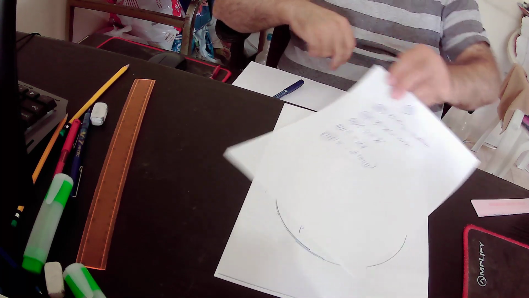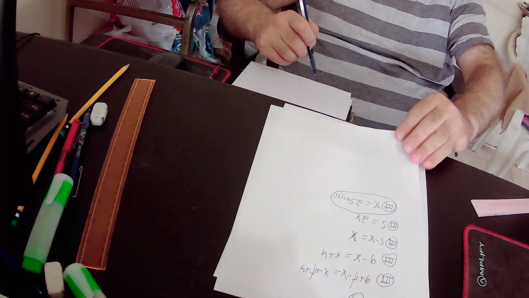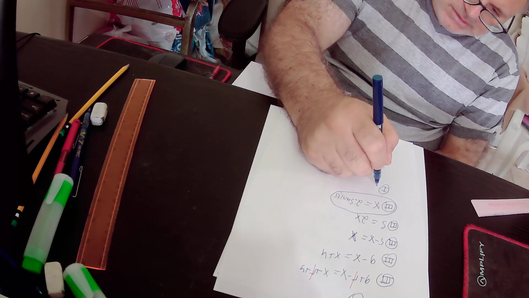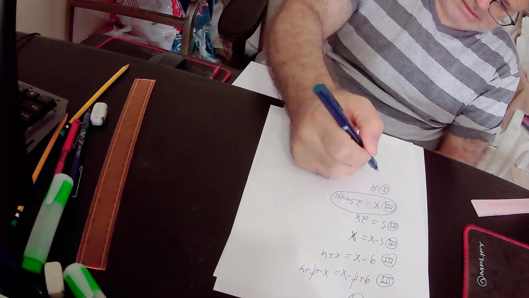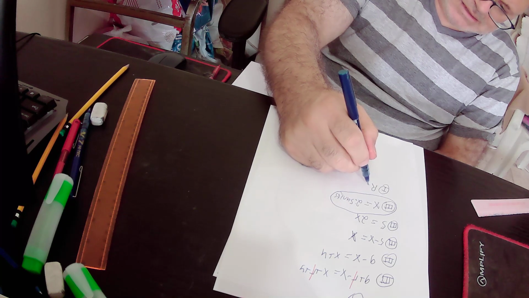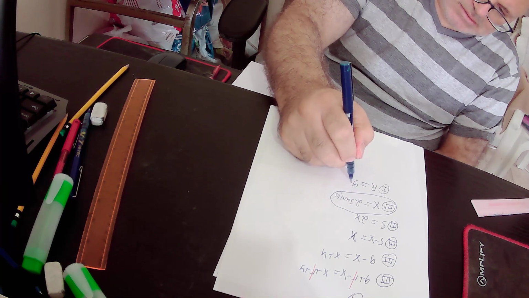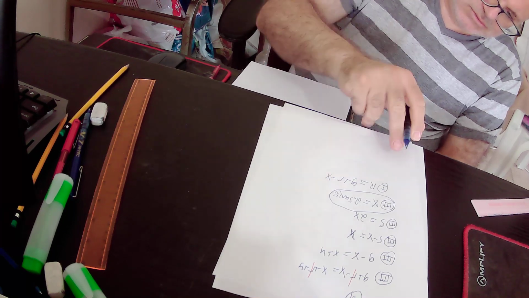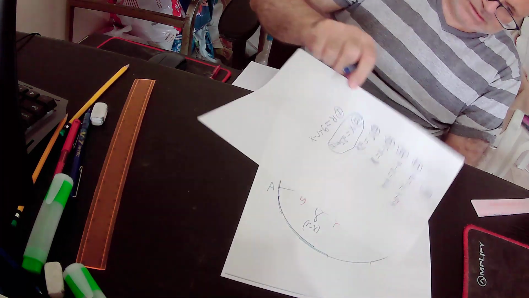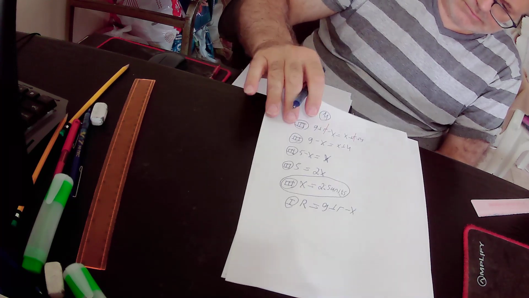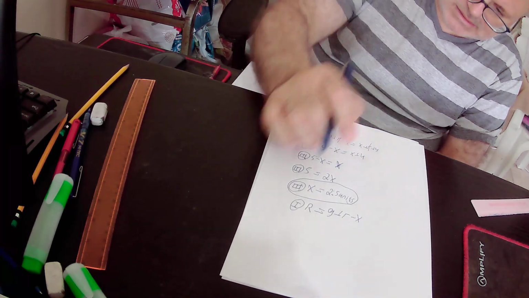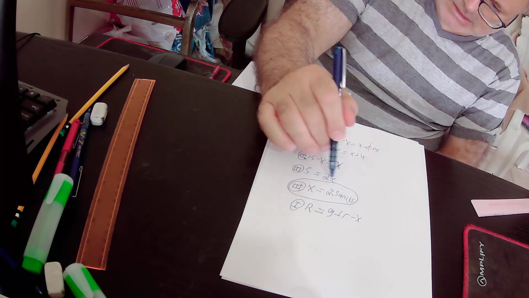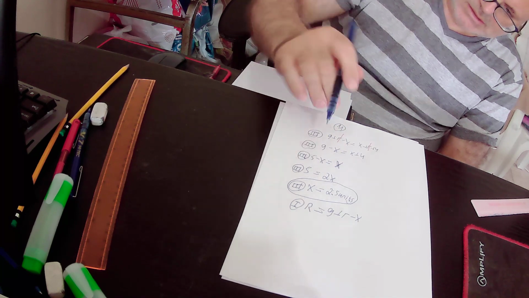We have expression number 1 that states that capital R equals 9 plus small r minus x. That is equation number 1 for the radius of the big circle. So here we have x, so we can substitute x by 2.5 units.